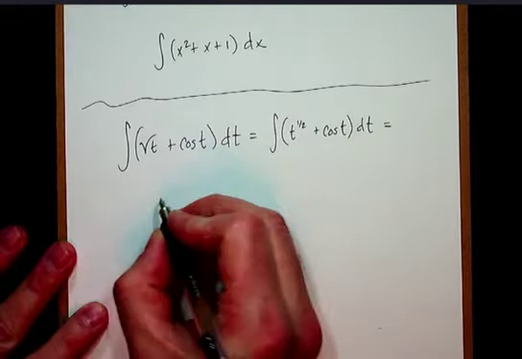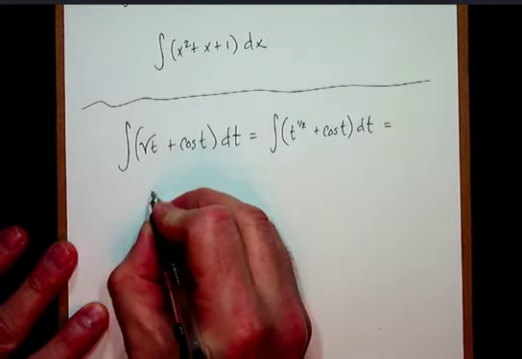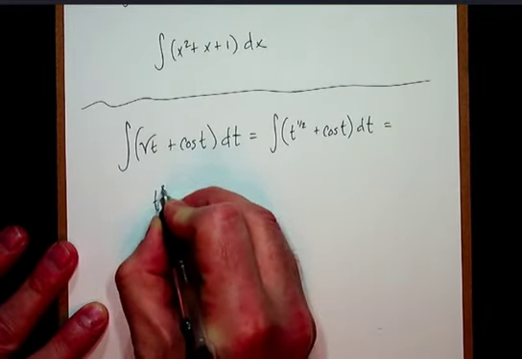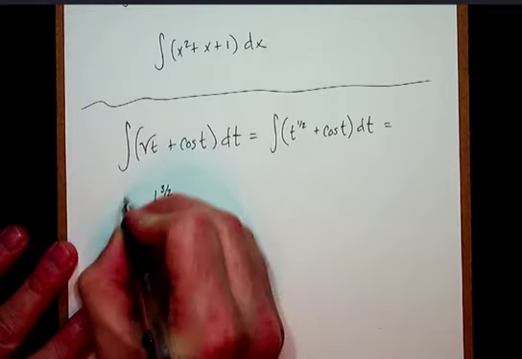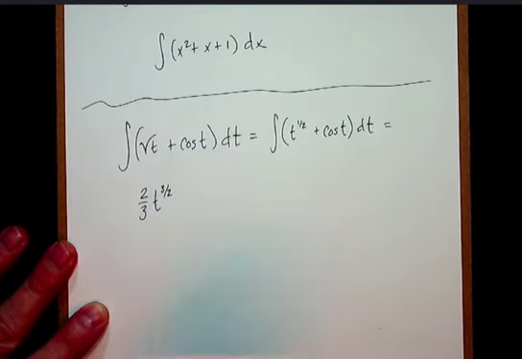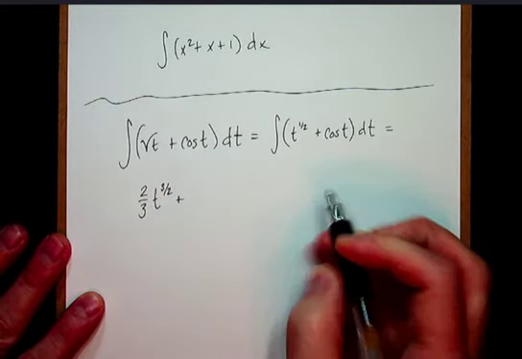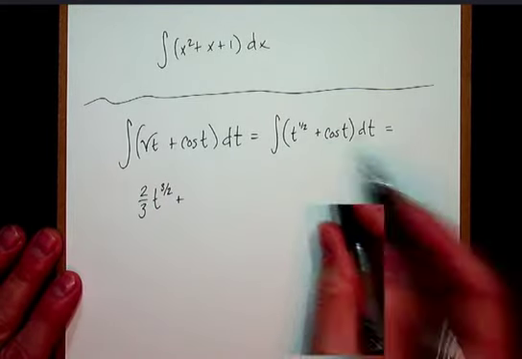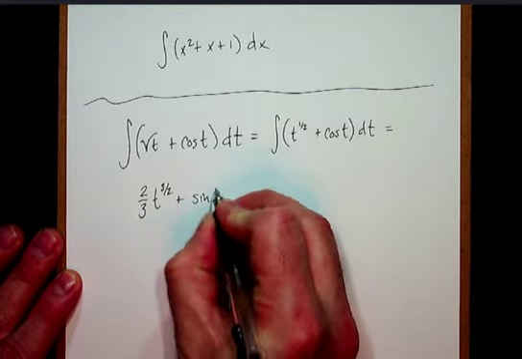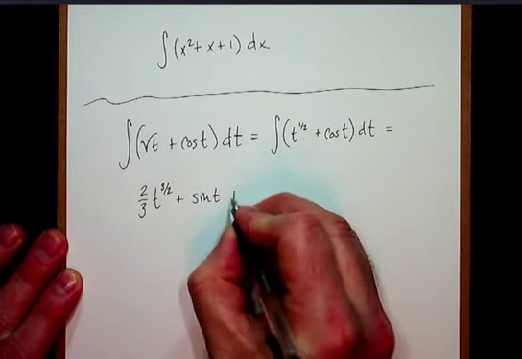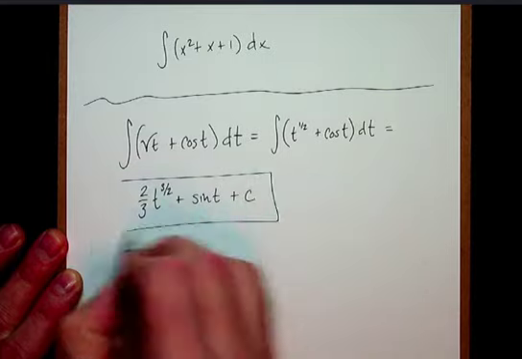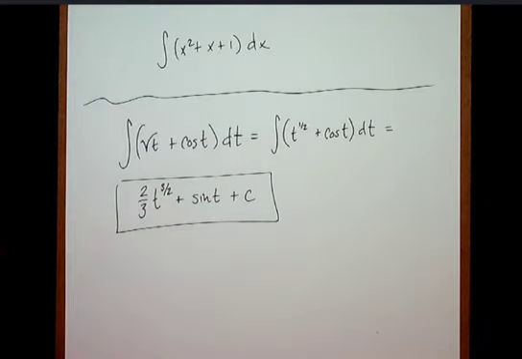And so when you get t to the 1/2, it's going to be t to the 3/2 over 3/2, or multiplied by its reciprocal. And then you ask yourself, what is cosine the derivative of? And I hope you recognize that that is sine t plus c, and that winds up being your integral.